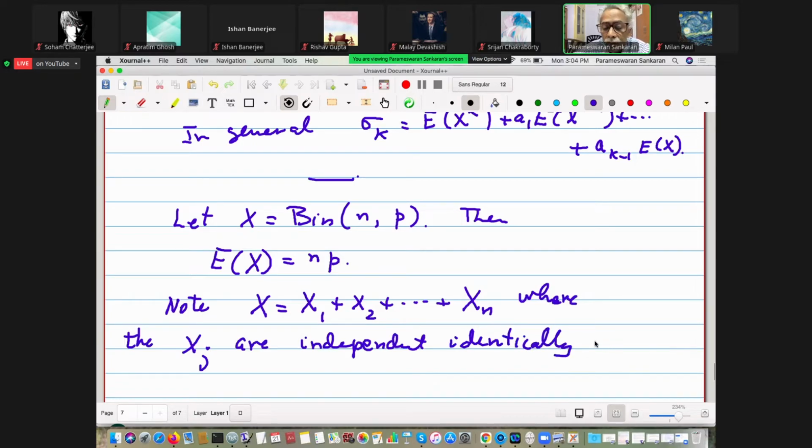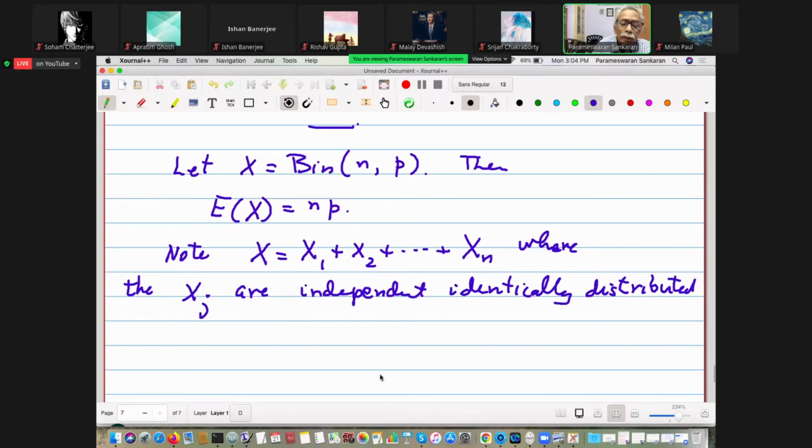Do you understand this, independent, identically distributed? They just abbreviate it as IID. It's a very common notation. Each is a Bernoulli variate with parameter p.